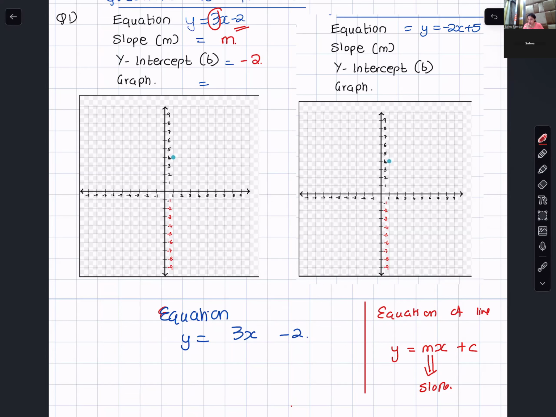Now when I talk about the graph, it would be a line with a positive slope and it crosses the y-axis at 0, comma minus 2. So my first thing is that it is going to cross the y-axis at 0.